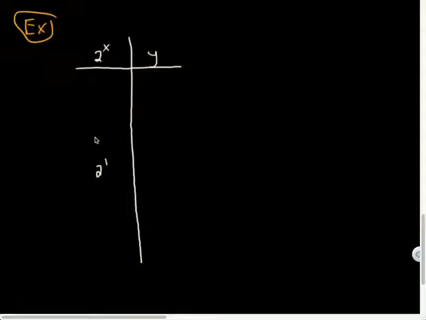We'll have 2 to the first, 2 to the second, 2 to the third, 2 to the fourth, etc. And then let's figure out what each equals. 2 to the second is 4, 2 to the third is 8, 2 to the fourth, 16, 2 to the fifth would be 32, 2 to the sixth would be 64, 2 to the seventh would be 128, 2 to the eighth would be 256, 2 to the ninth would be 512, 2 to the 10th would be 1024.